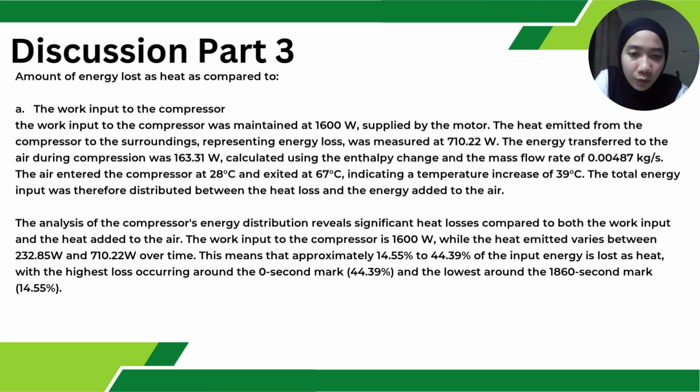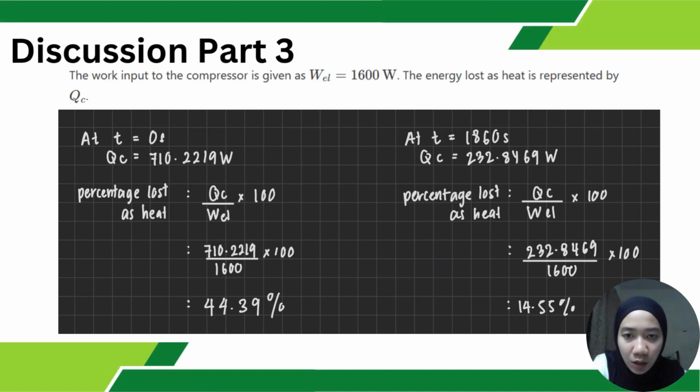This means that approximately 14.55% to 44.39% of the input energy is lost as heat, with the highest loss occurring around the 0 second mark, 44.39%, and the lowest around the 1860 second mark, which is 14.55%.